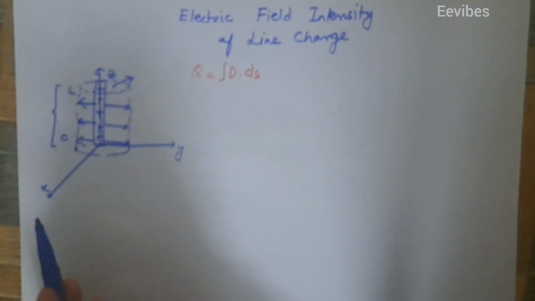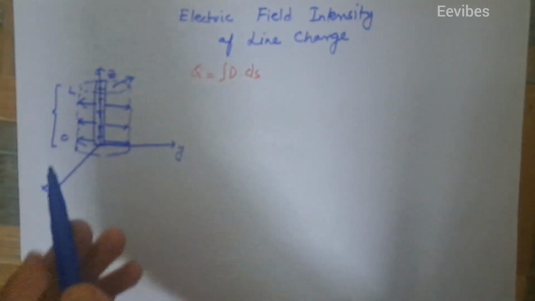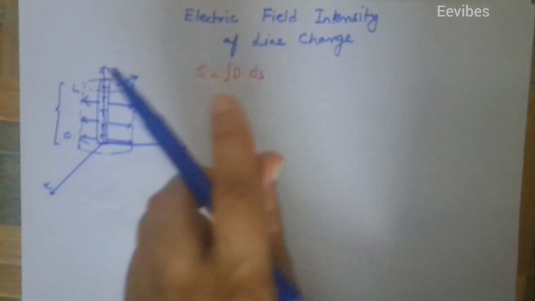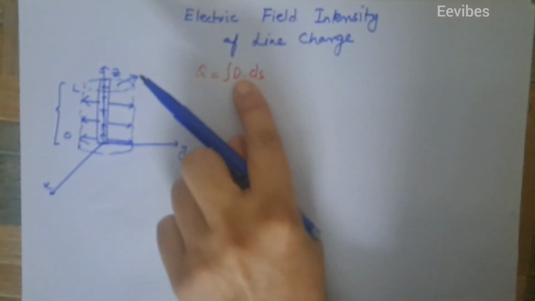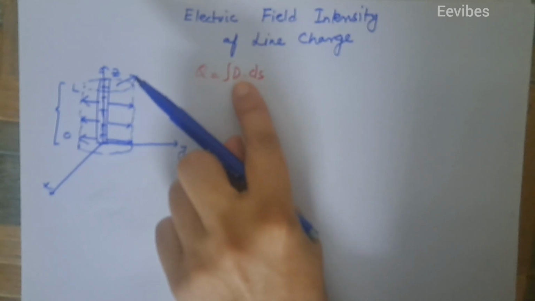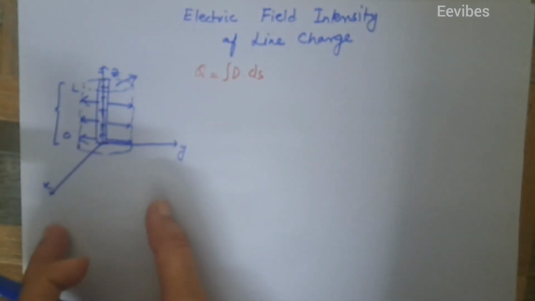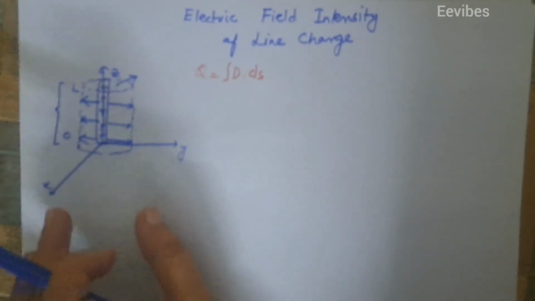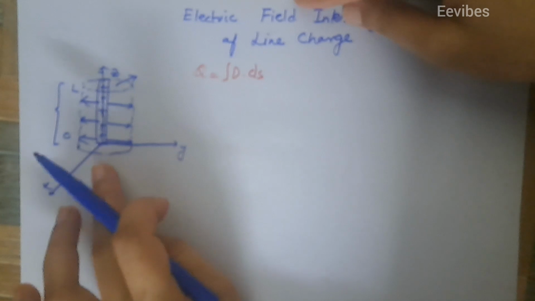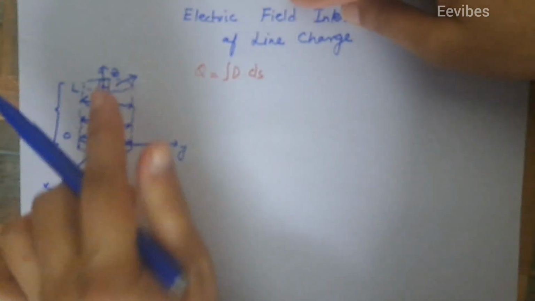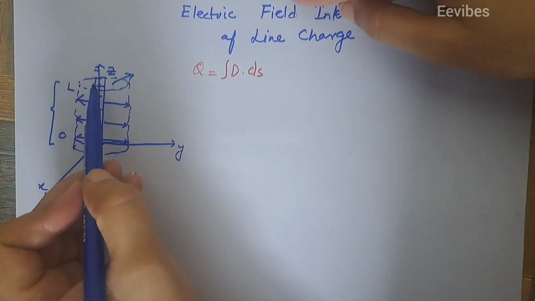The second property is that the dS component should be either tangential or normal to that surface. If we choose a right circular cylinder of radius rho that extends from 0 to L as shown in this figure, then we can see that three types of Gaussian surfaces are involved.